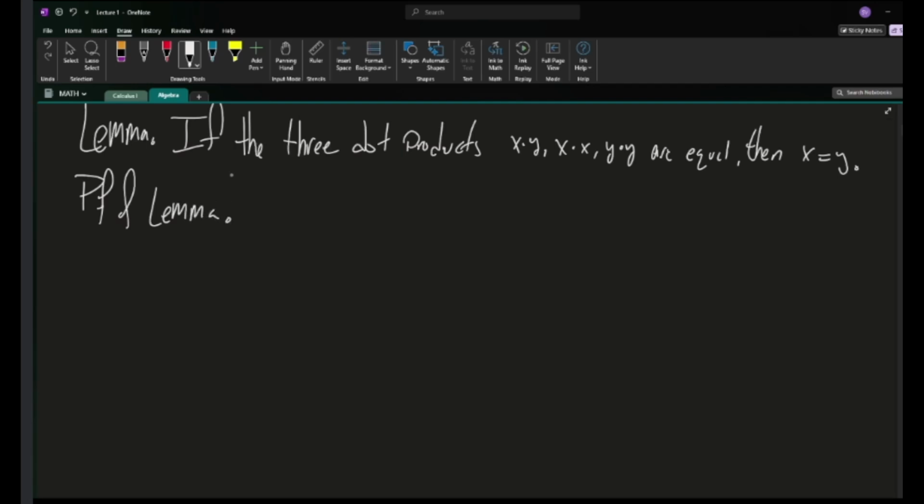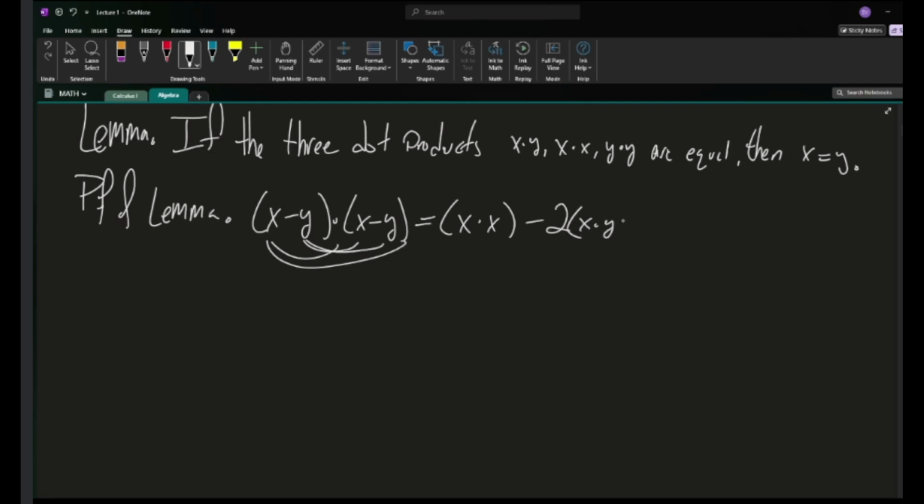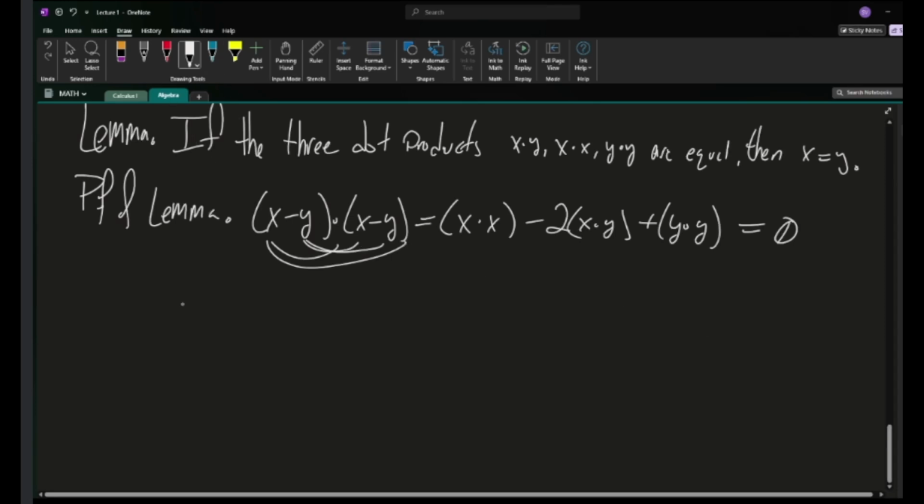All right. I feel like this was a pretty seeable proof, since we have x minus y dotted with x minus y, which is equal to, like what we have with foiling, x dot x minus 2 x dot y plus y dot y, which equals 0 since these are the same statement.